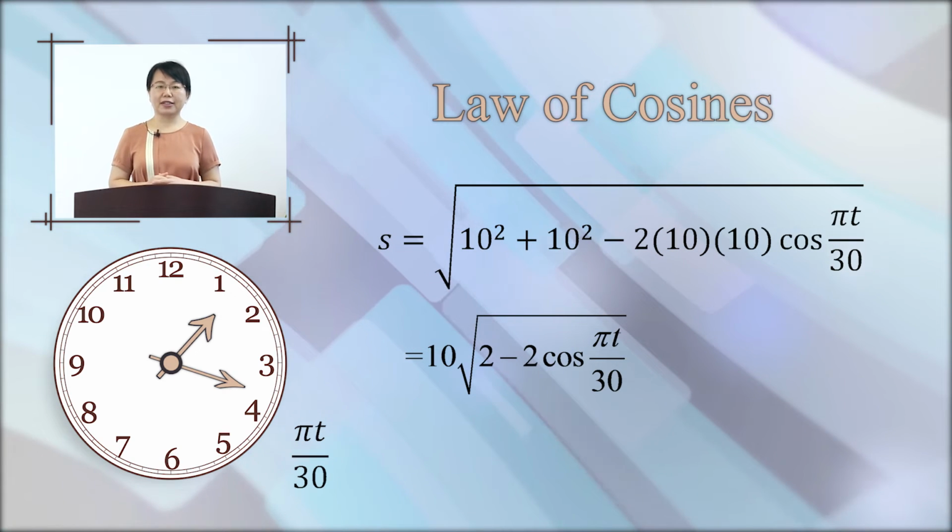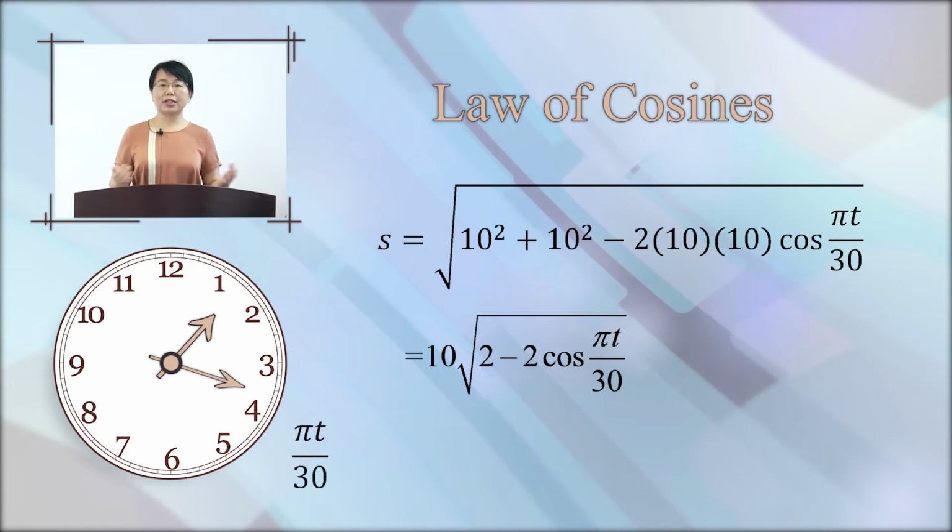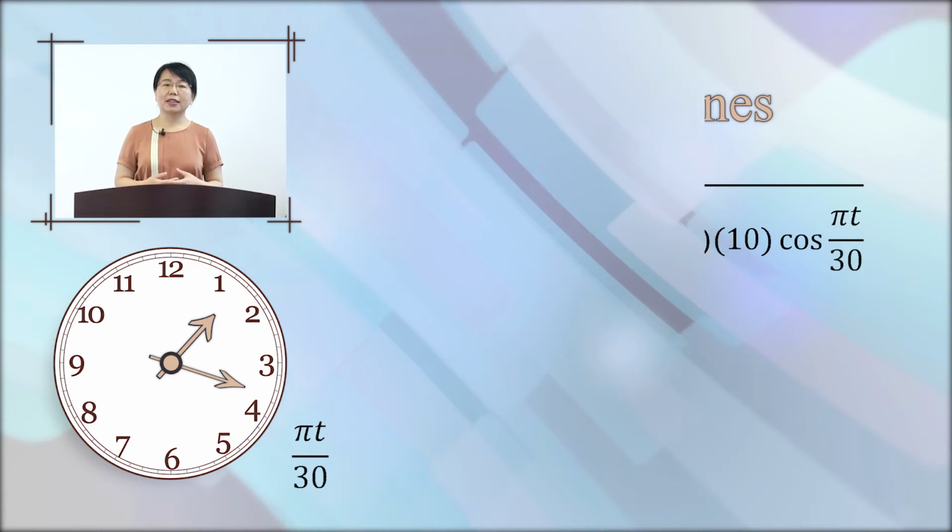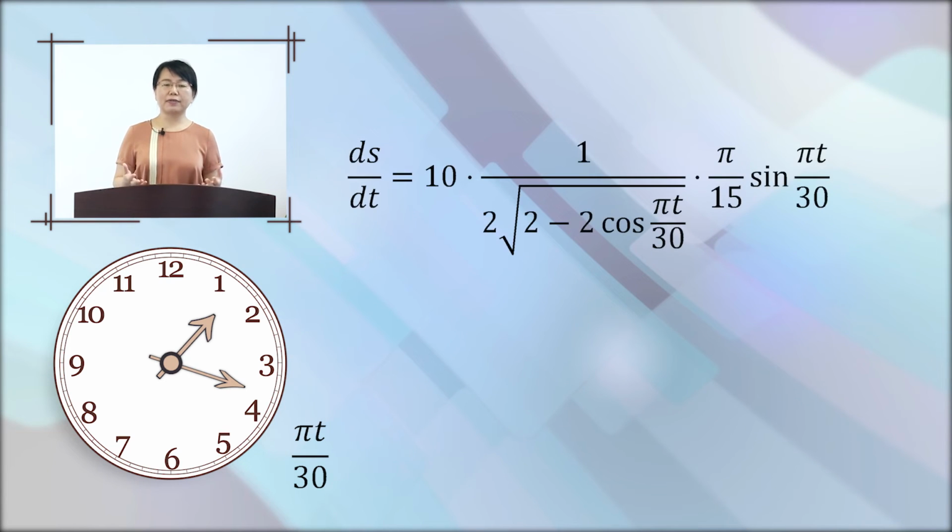It's a compound function. According to the chain rule we have learned, the derivative of s with respect to t is the derivative of s with respect to the quantity 2 minus 2 cosine of pi t over 30, times the derivative of that quantity with respect to t.